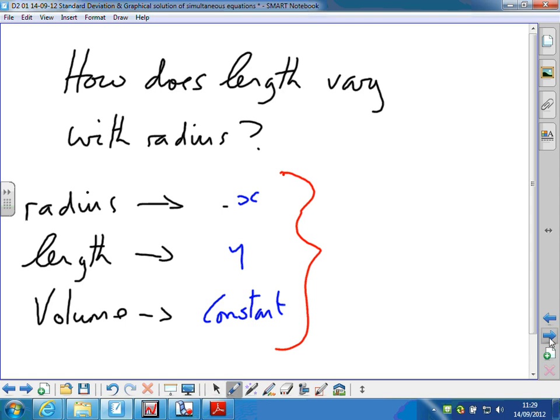Remember the original function? But what am I going to type into Autograph? Well, is the volume my y? No, it's not, is it? The volume is constant, so I'm going to leave that as v equals.